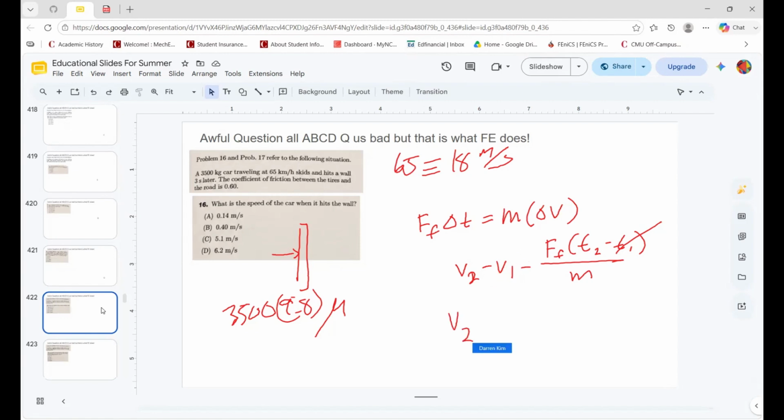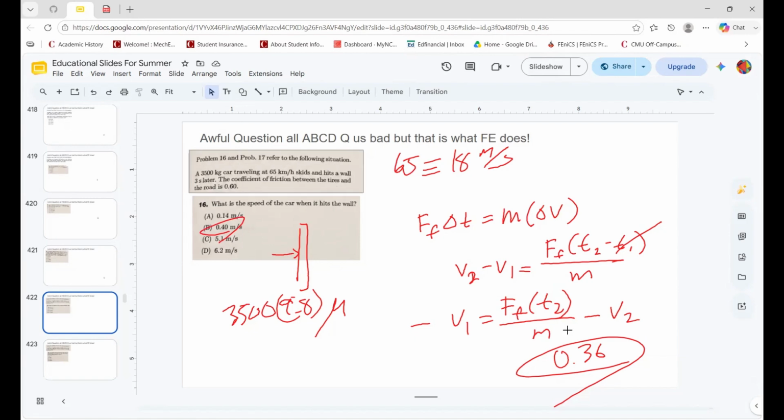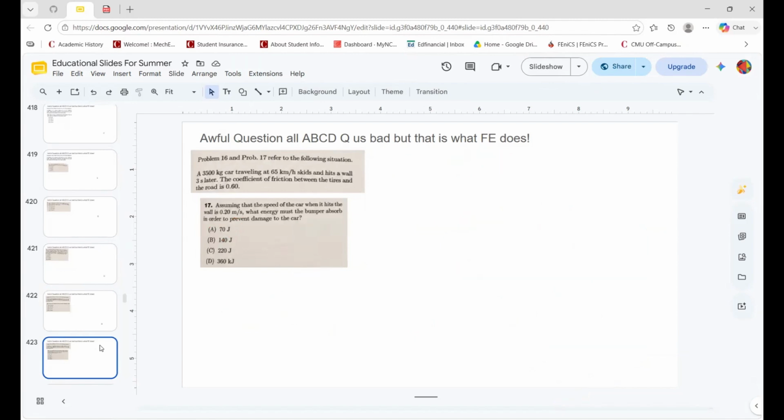So you actually want V1 minus the friction force times T2 divided by M, and V2 is what you should have done. Because of that, you get 18 minus the change, which is about 17.6. I'm going to assume it's 0.4, because I get like 0.36. I guess it's a rounding error. I definitely did some rounding errors, so I'm just going to assume that is why. Anyway, assuming the speed of the car when it hits is 0.2 meters per second.